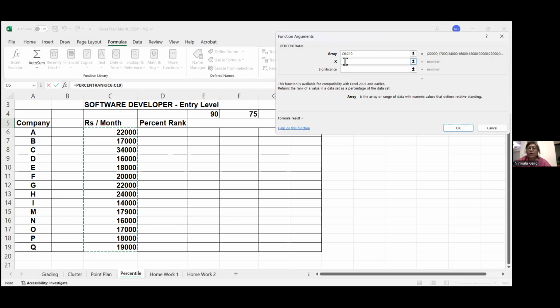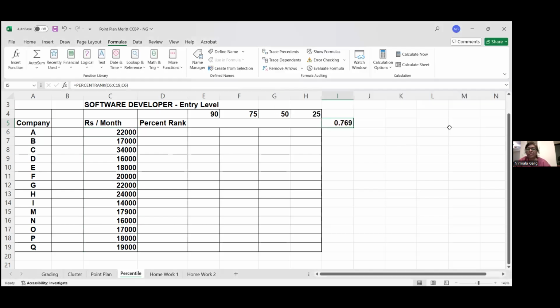Here X will be what? Say you want to know the percent rank of this, so you put C6. Then okay. So that means this is 0.7169. Let me see if I can drag.